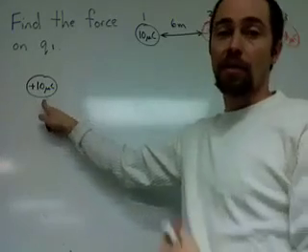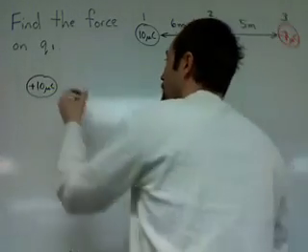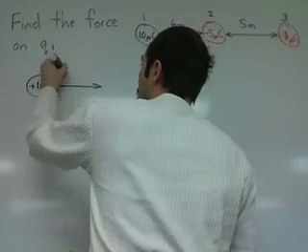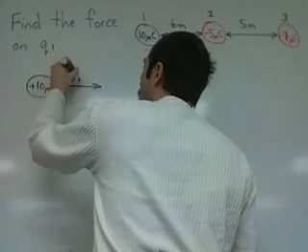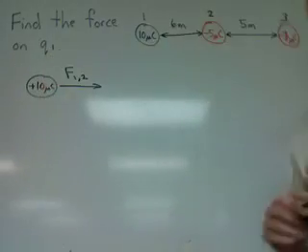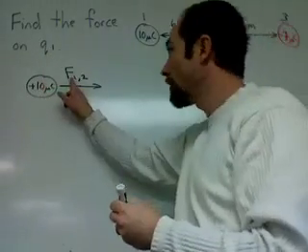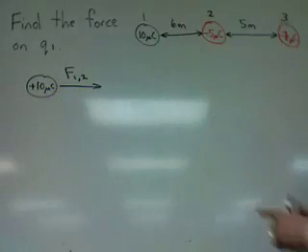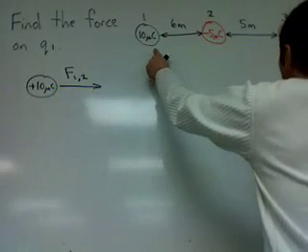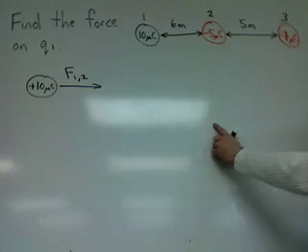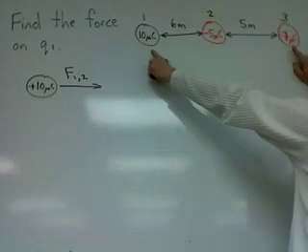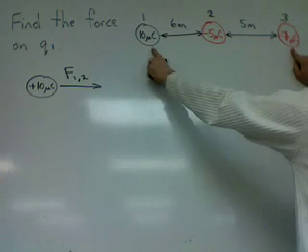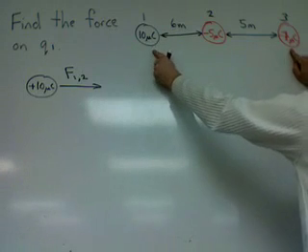So I'm going to have a force on it this way, and I'm going to call that the force on 1 from 2. So this is the force on charge 1 from charge 2. Make sense? Okay, the 10 microcoulomb charge and the negative 7 microcoulomb charge are oppositely charged, so they will also attract.